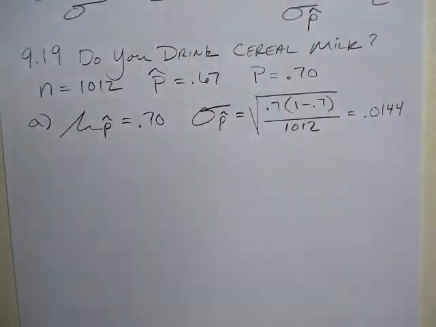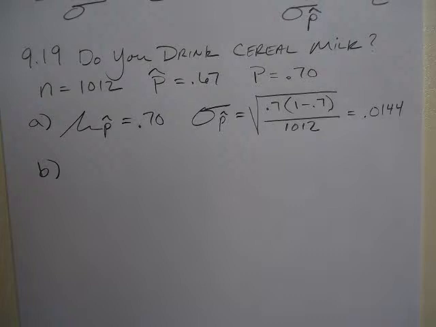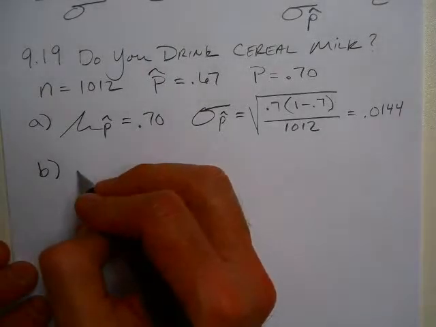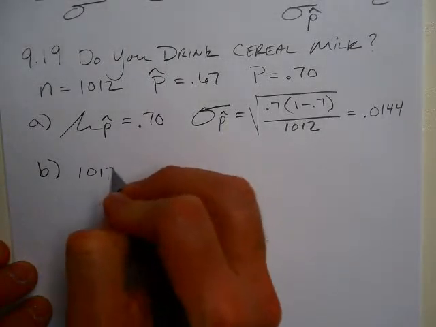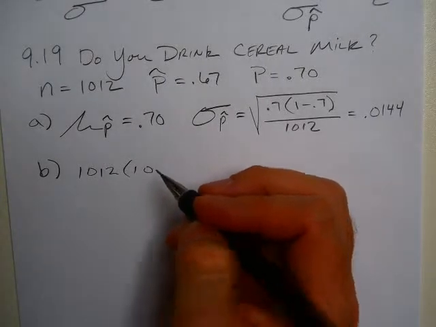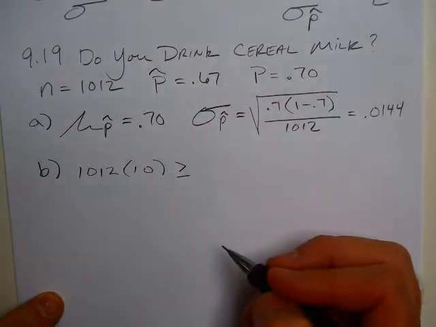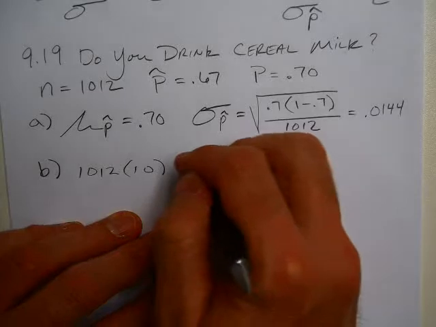Okay. All right. B asks us to check and see if rule of thumb 1 applies. Explain why you can use the formula for standard deviation of p hat in this setting. Rule of thumb 1. So rule of thumb 1 is n, 1012 times 10, thank you, greater than or equal to, less.